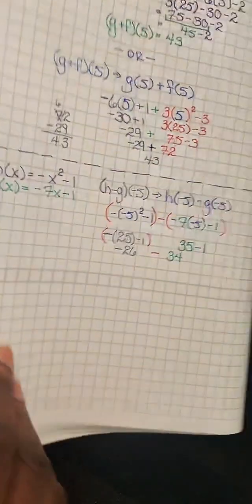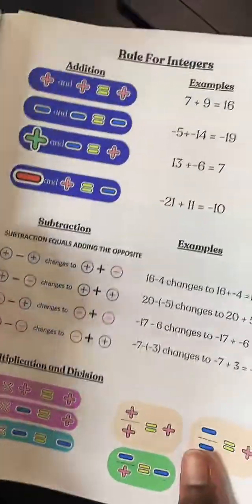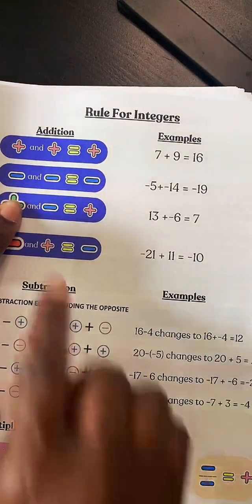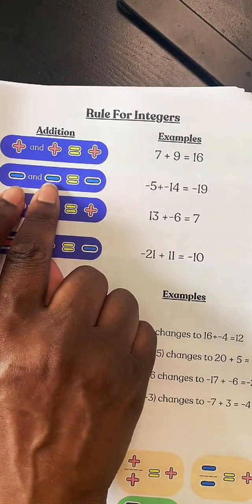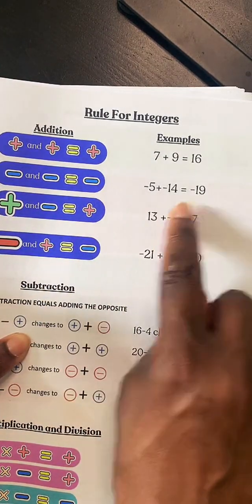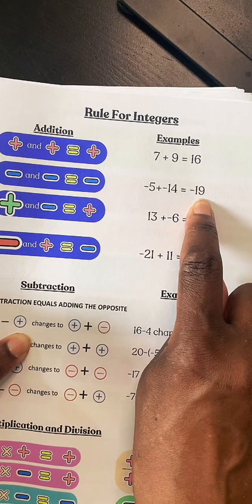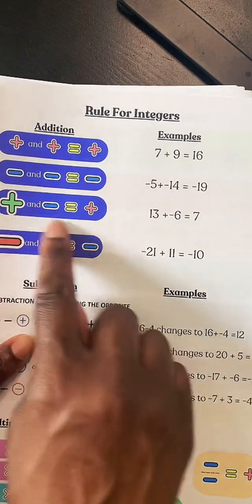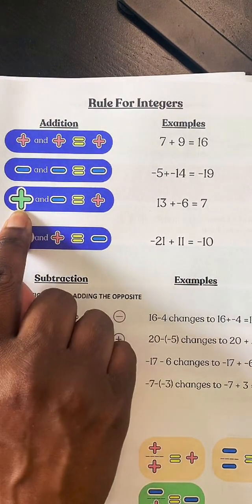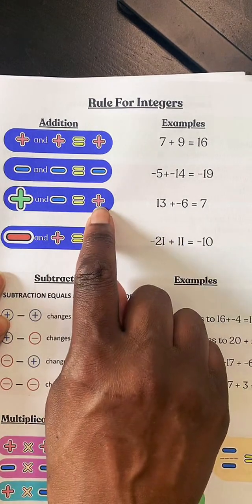Like in my handy dandy notebook, when it comes to the rules, when you're adding and both of them are negative, your answer is going to be negative and you add them together. Like here, -5 and -14 gives me a -19. When you are adding and the positive number is bigger, your answer is going to be positive.